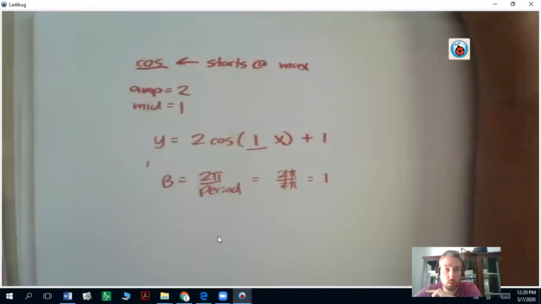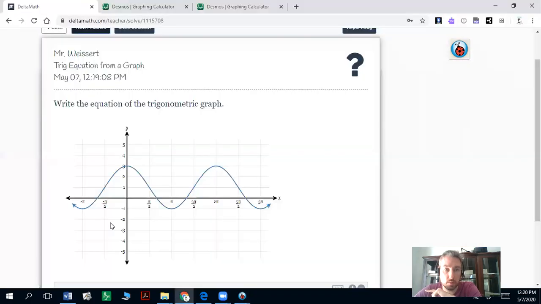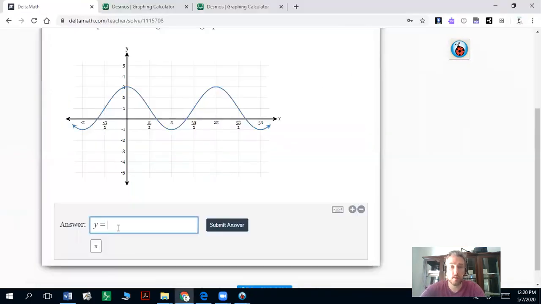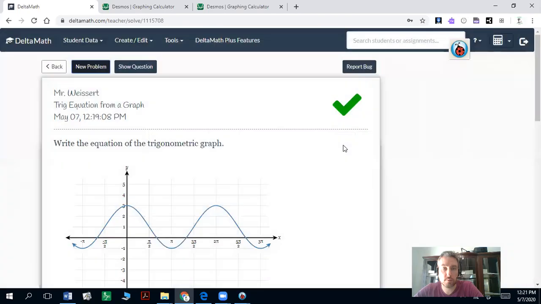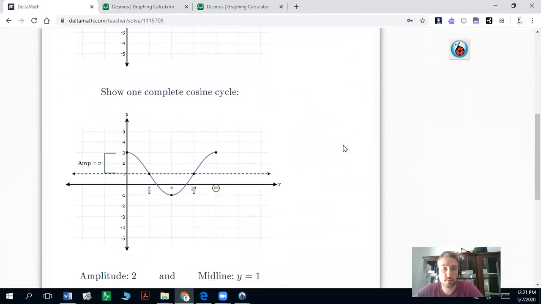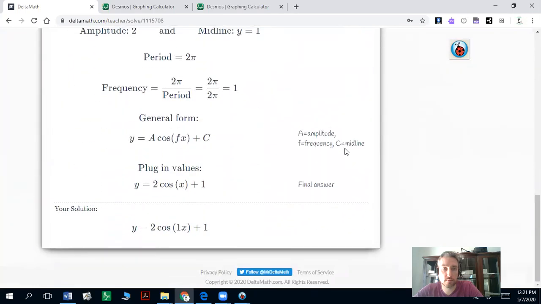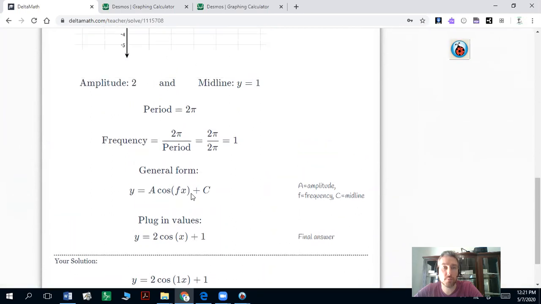So we want to put in y equals 2 cosine 1x. Do we need the 1? No. Plus 1. Let's check it out. And again, with these ones, when it's being multiplied, we don't need the 1 there for the x. We do need the plus 1 at the end, though, because it is being shifted up.